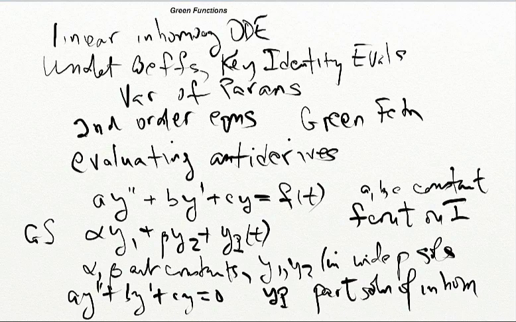From the theory you've learned, you know how to find the linearly independent solutions of the homogeneous equation, y1 and y2. Those come from the roots of the characteristic polynomial of the differential equation. The whole point is how, when we're dealing with an inhomogeneous equation, do we produce this y_p? How do we find y_p? Now, the Green method requires that the second-order equation be in normalized form.